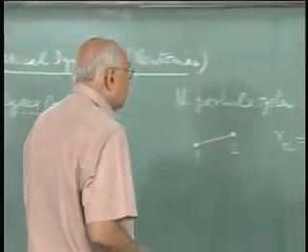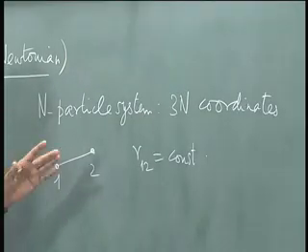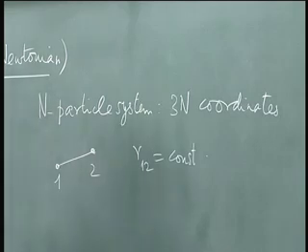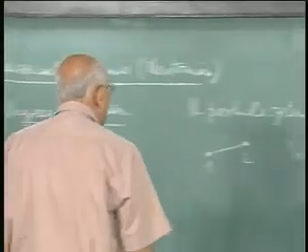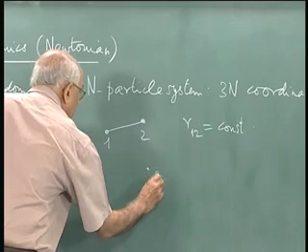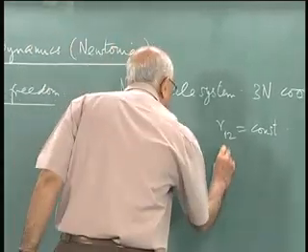Therefore, the lesson is to find the number of independent degrees of freedom, you first must take the total number of degrees of freedom and subtract out all those degrees which you can eliminate due to the constraints on the problem. Suppose I have 3 particles, a third one here, and I tell you that the distance between 2 and 3 is also constant.